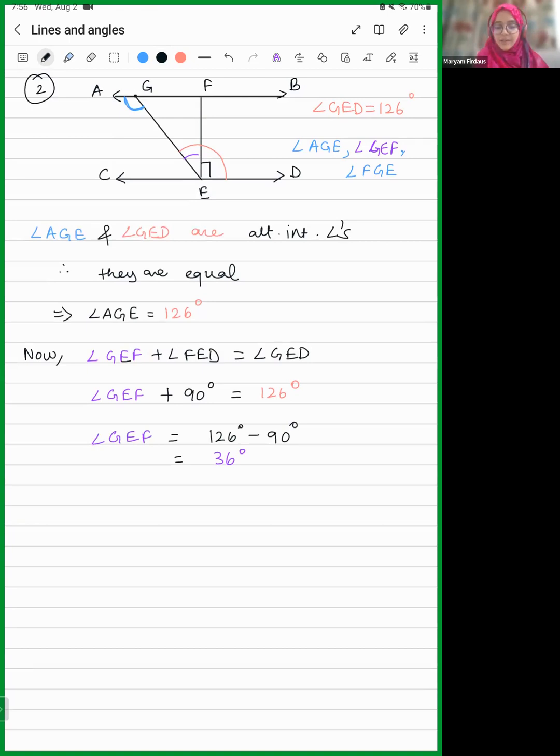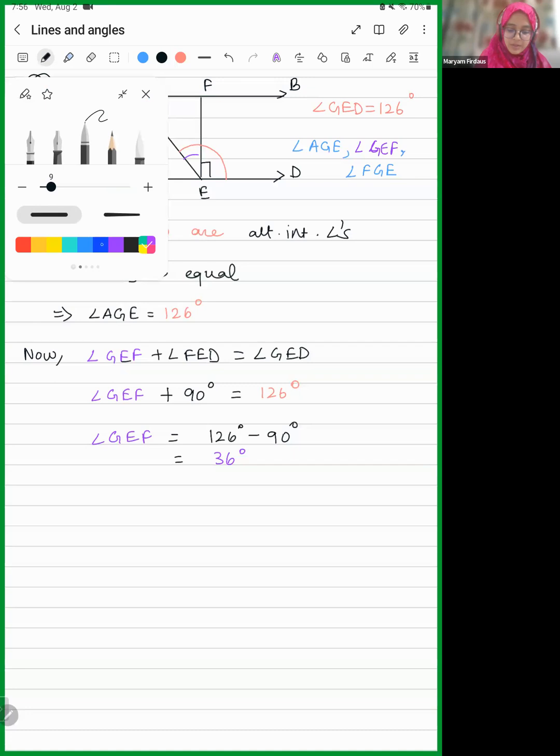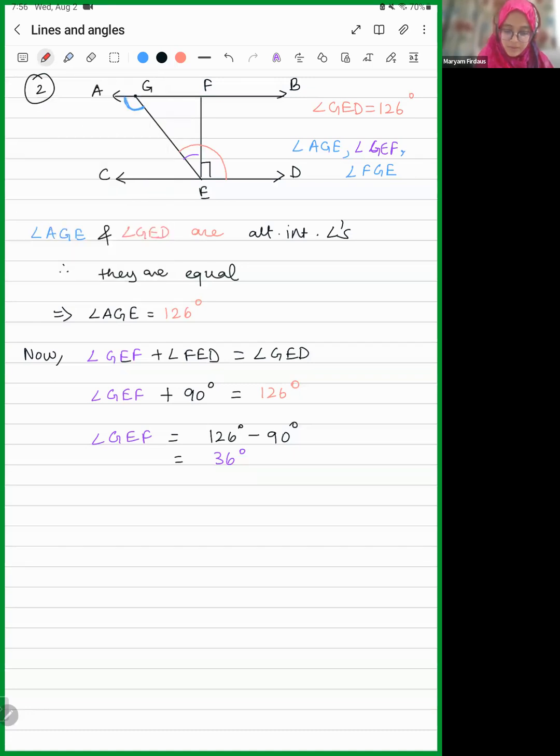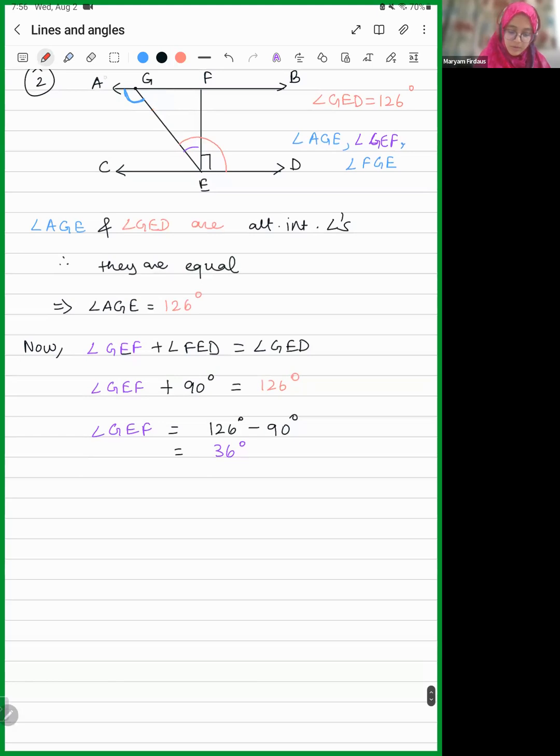Now one thing is left, angle FGE. FGE is which one? FGE is this one, the red one. So yeah, angle FGE. How will we find that?